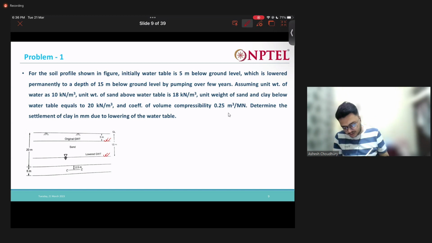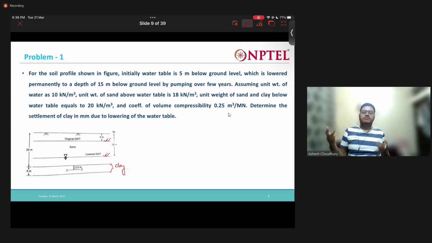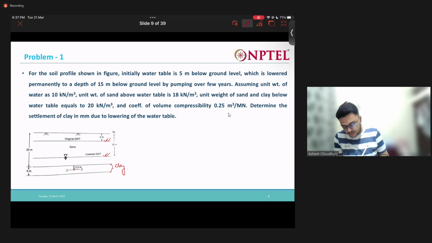So what will happen if the water table lowers? This is my clay layer, and above that it's completely sand. What will happen to the effective stress at the midpoint of the clay layer, at this point?